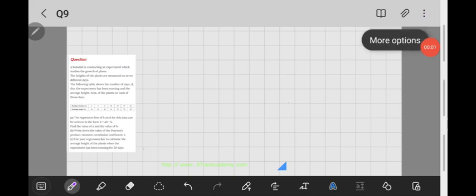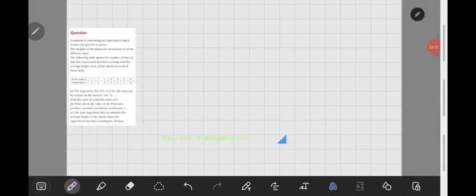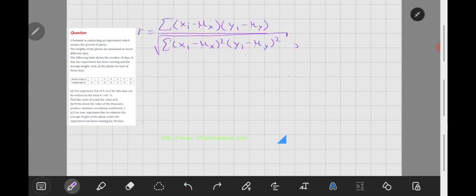Now, for our second question, we are asked to write down the value of the Pearson's product moment correlation coefficient. So, to find the Pearson's correlation coefficient, we have to use a specific equation.